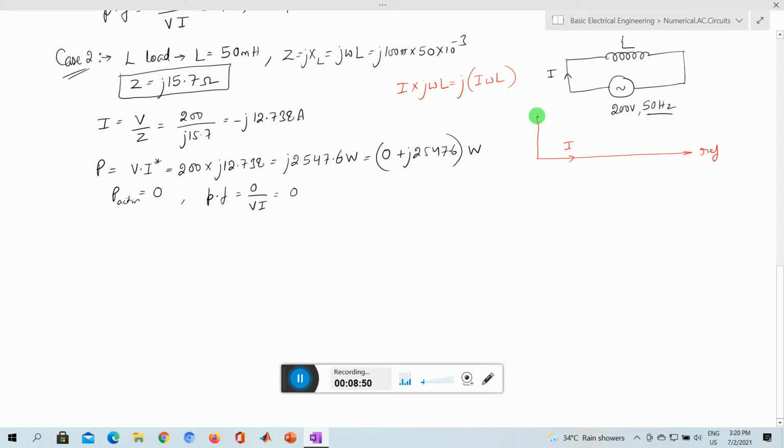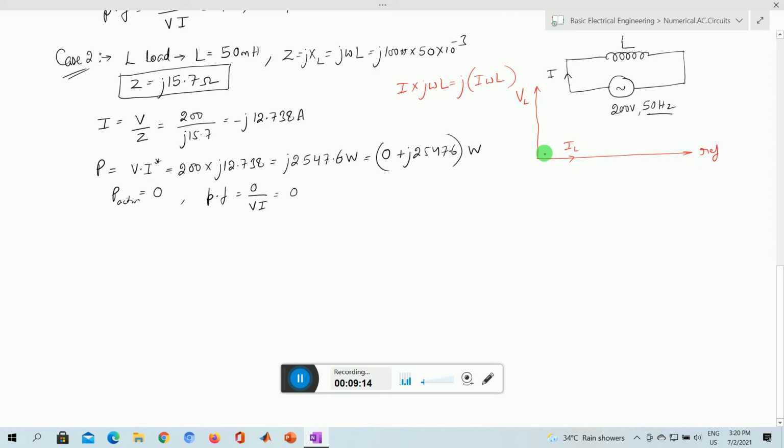So you are getting a term on the y-axis, and this term is nothing but VL. So the voltage across the inductor is VL here, and the current through the inductor is on the reference x-axis.